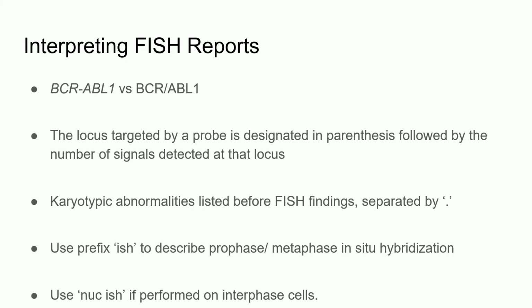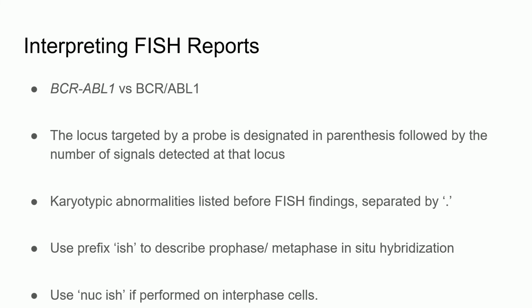When describing FISH probe cocktails, we use the slash instead. We identify the locus targeted by FISH probes by the clone name of the locus. If that is not available, then we assign the name based on genome browser databases, either Ensembl Genome Browser or UCSC Genome Browser. If neither of those are available, we use the D number for the probe.